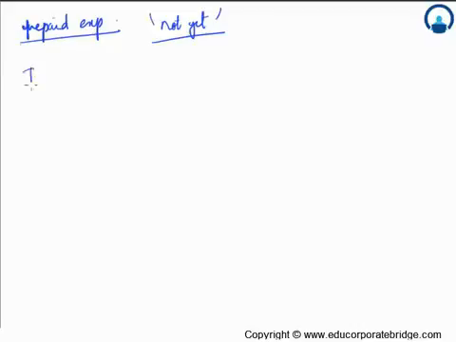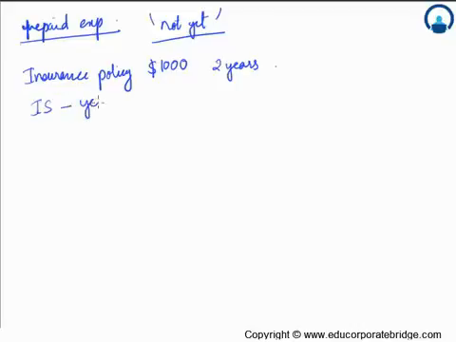Let's say you have paid for some insurance policy, and you paid to an extent of, let's say, $1,000, and this $1,000 has given you insurance for 2 years. Okay, so if we talk about purely income statement, in year 1 you will not take 1,000 because this 1,000 is actually worth for 2 years.